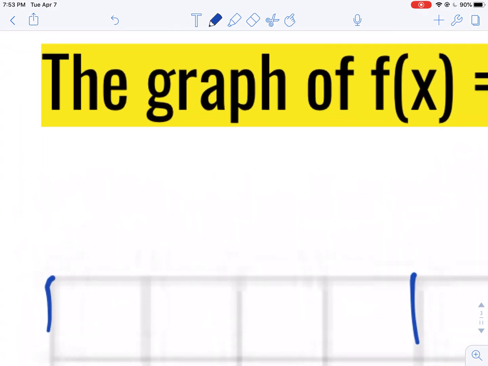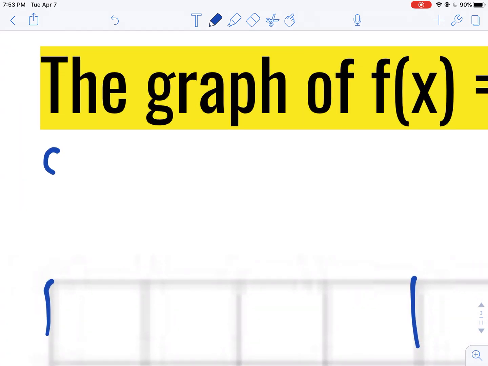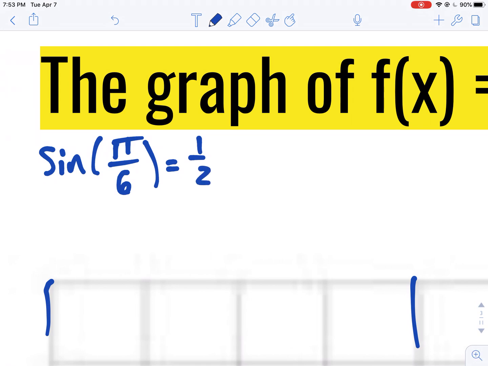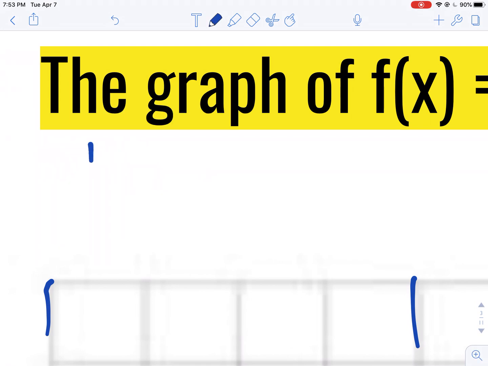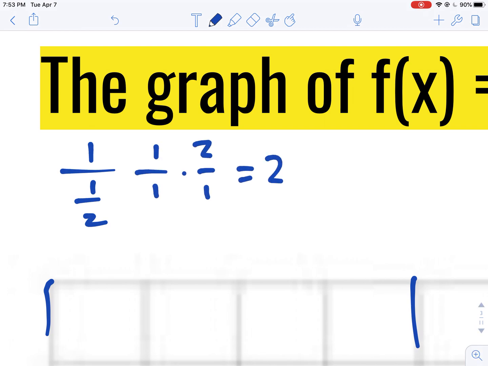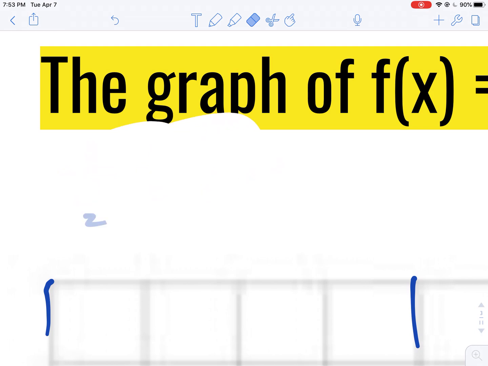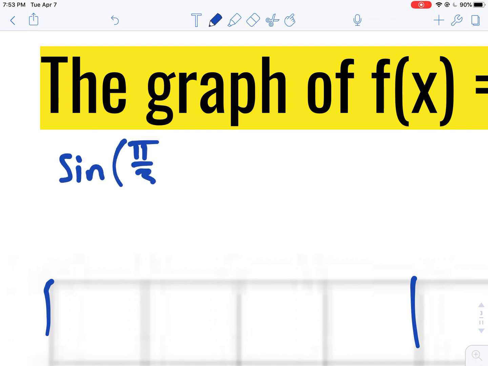I'm going to start thinking about the nature of fractions. We know that the sine of pi over 6 is 1/2. So if I did 1 over 1/2, that's 1 over 1 times 2 over 1, which is 2. Okay, what about the sine of pi over 3?